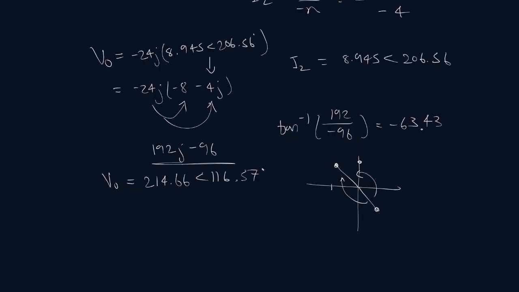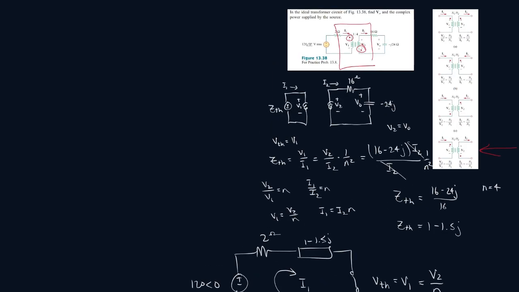That's your VO. Now, your complex power is pretty much going to be S equals VRMS times the conjugate of IRMS. So we want the complex power supplied by the source. So VRMS is 120 phasor 0 degrees, and IRMS is this value, but we take the conjugate of it.